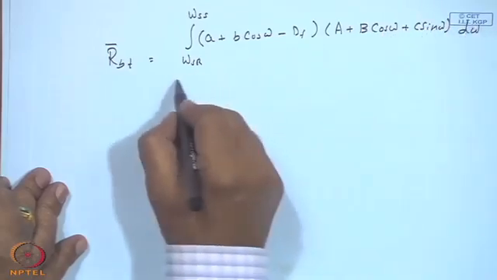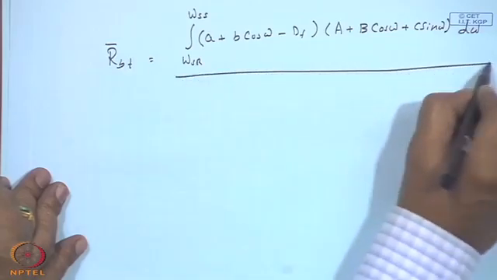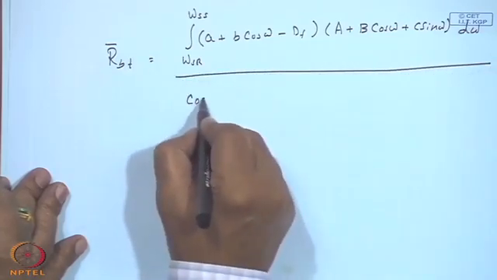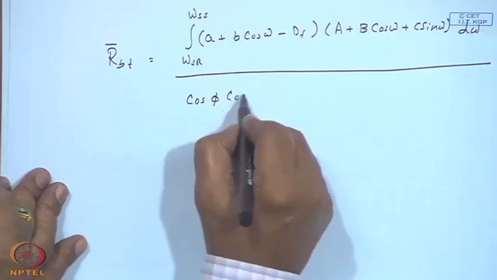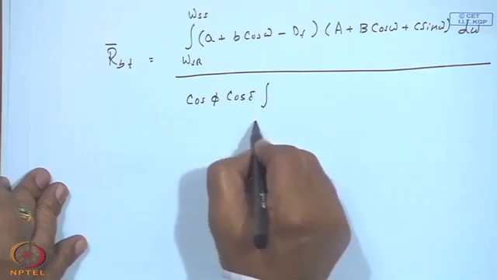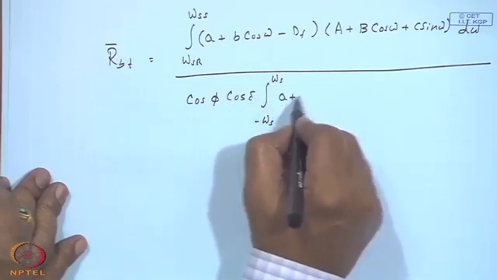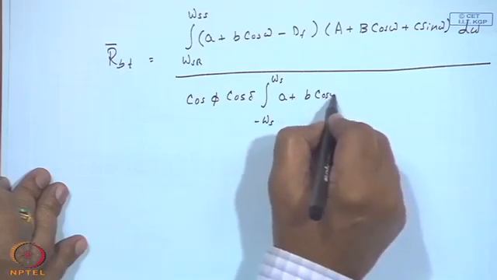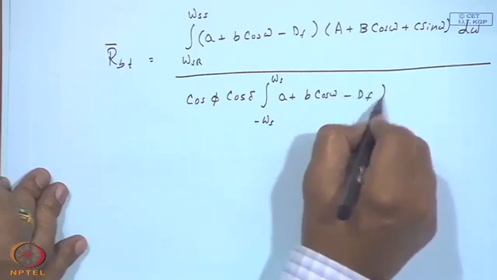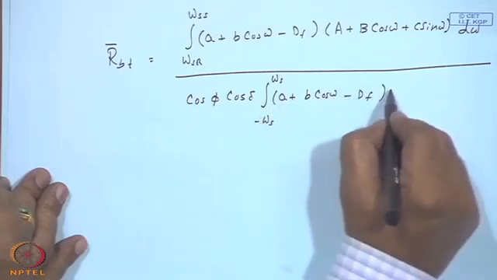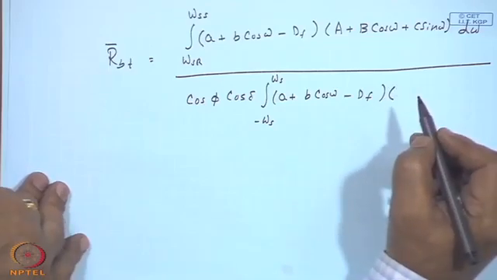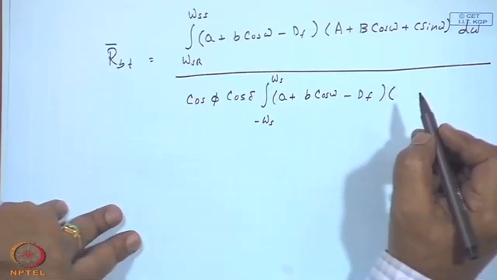this goes on to the symbol. Mind you, as far as this integration is concerned, a is a constant, b is a constant and d f is a constant.